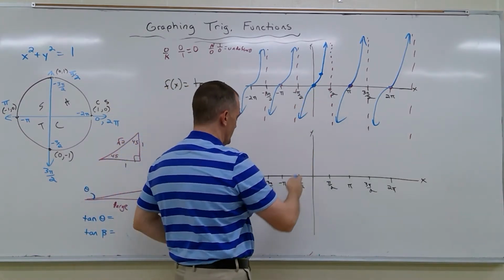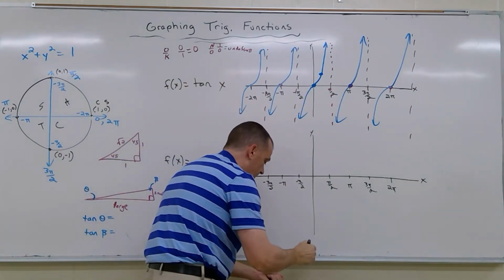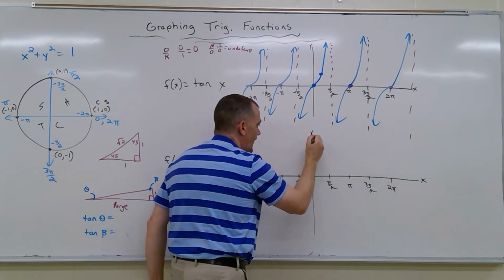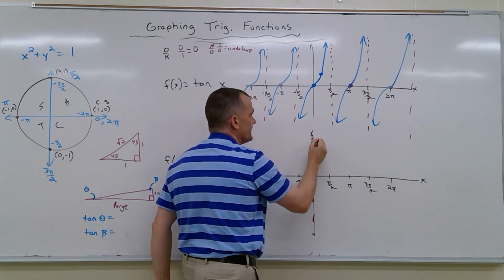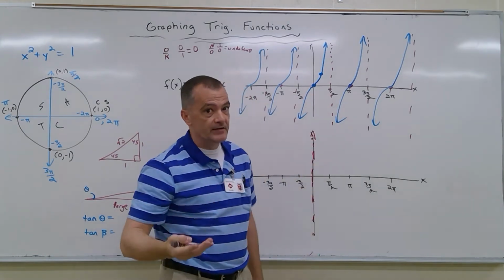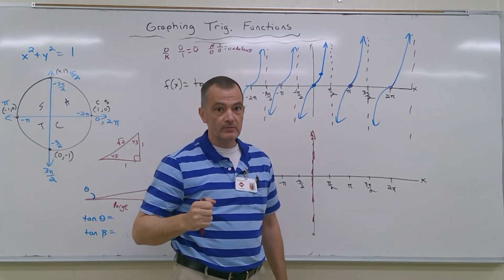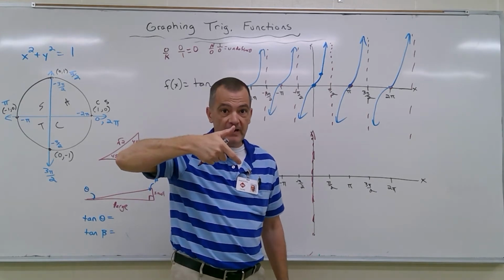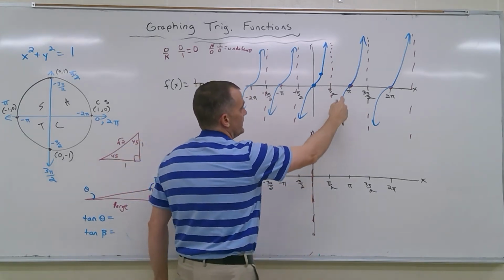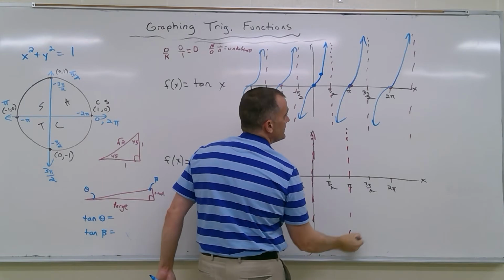Everywhere I've got a 0, I should have an asymptote where it's undefined. The reciprocal of 0 is undefined, right? 0 divided by 7 is 0. The reciprocal, 7 divided by 0, is undefined. So here we have another asymptote.